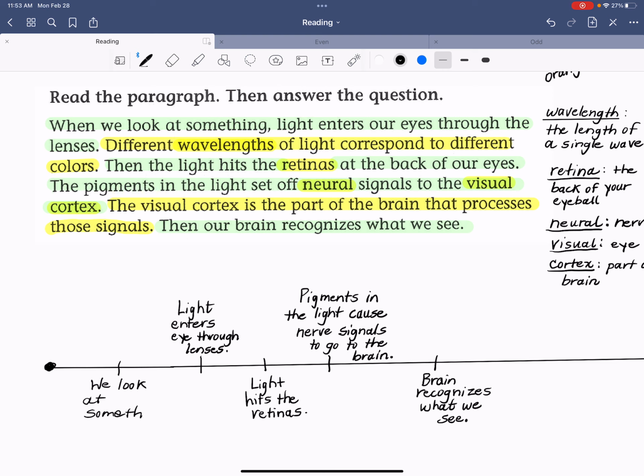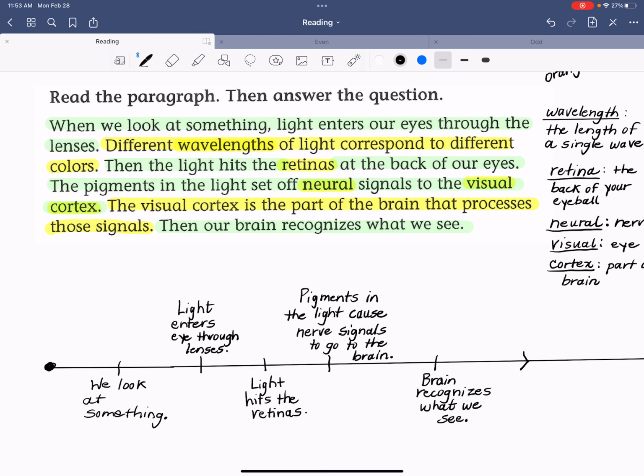Maybe it's that apple or that dress we were talking about. Then light enters the eye through the lenses. It travels through the eye until it hits the retinas in the back of the eye. Pigments in the light cause nerve signals to go to the brain, and the brain recognizes what we see.